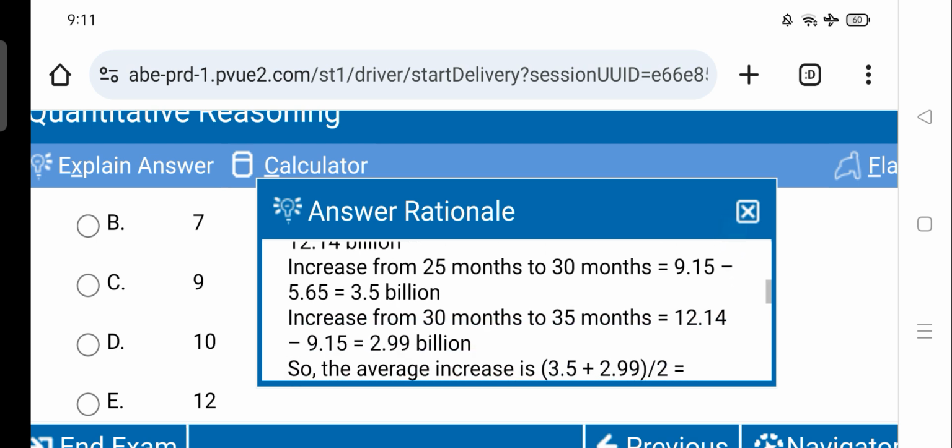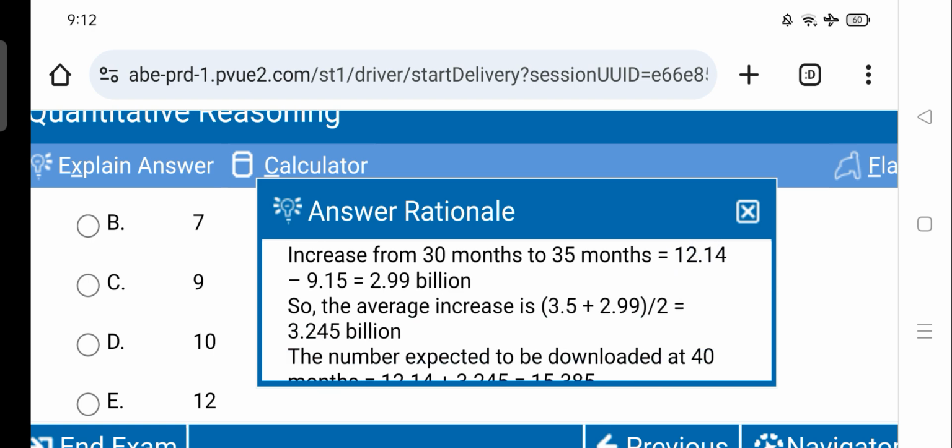Increase from 25 to 30 months equals 9.15 minus 5.65 equals 3.5 billion. Increase from 30 months to 35 months equals 12.14 minus 9.15 equals 2.99 billion.